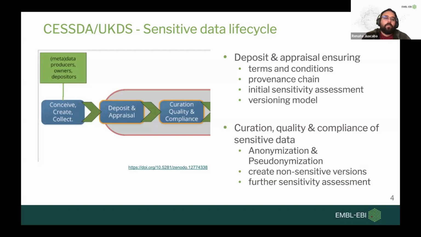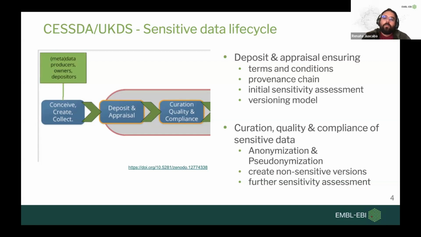To start with the first half, we start with the data producers. This is the usual ways of producing data. And then from this, data is being conceived into a research data object, created, collected as per usual. But then the process starts to be more careful for sensitive data at the initial steps of depositing and appraisal of the data for the deposit. And here you need to take special care of the terms and conditions involved to use that sensitive data.